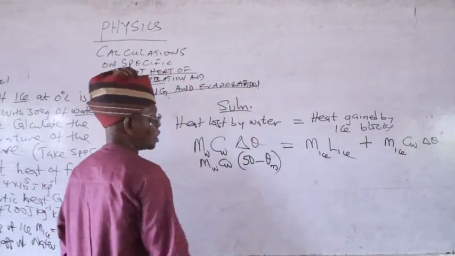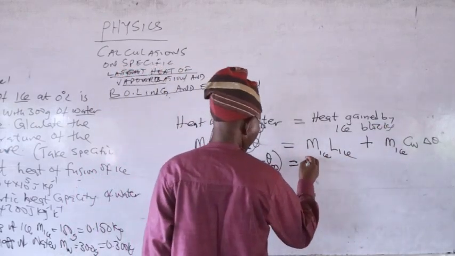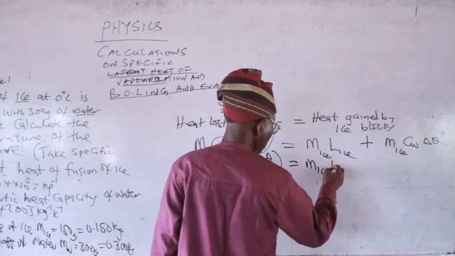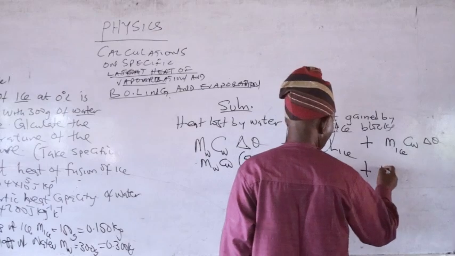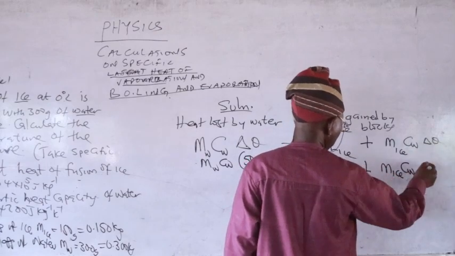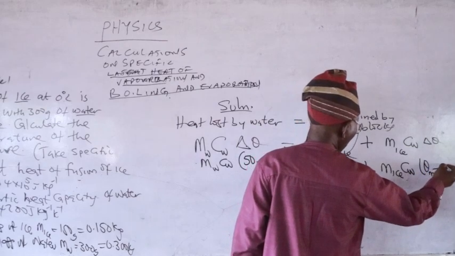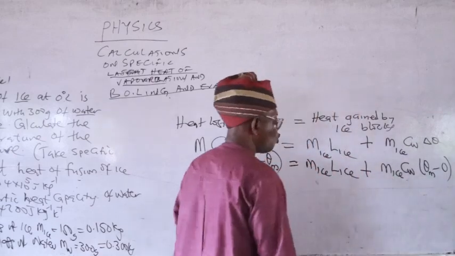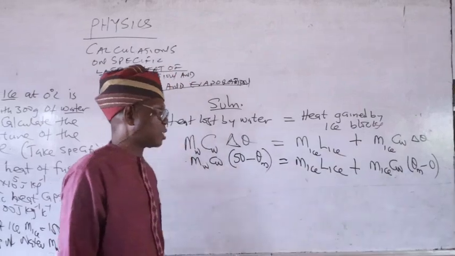Then this is equal to mass of ice, latent heat of ice, plus this time around mass of ice, specific heat capacity of water, change in temperature here will be mixture temperature minus 0, because you raise the temperature from 0 degree to mixture temperature. That's why we have it like that.